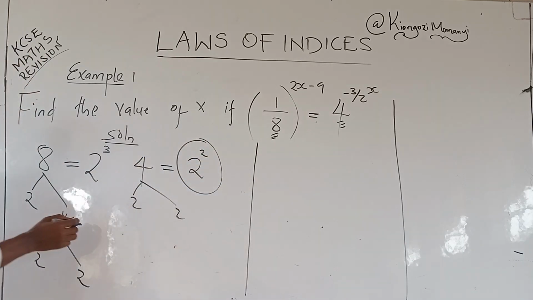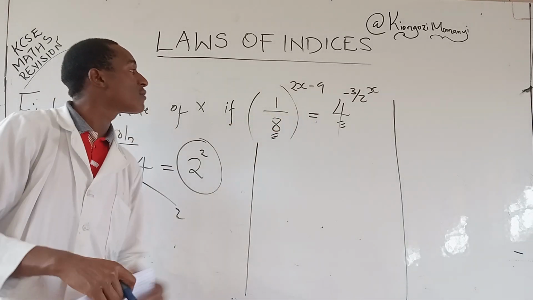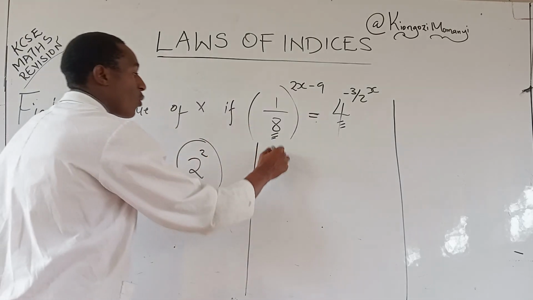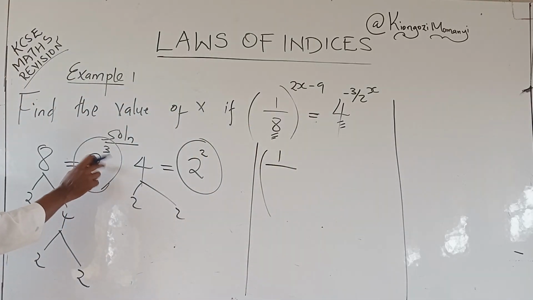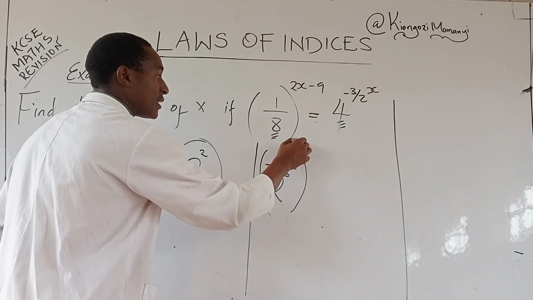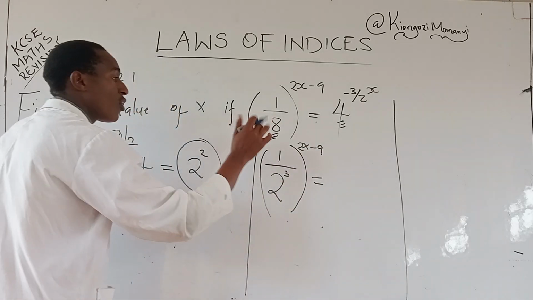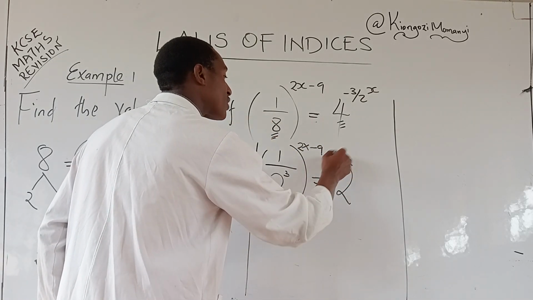These two are the most important factors we are going to substitute in these big values here. So we have 1 over the prime factors of 8, 2 power 3, close the brackets, 2x minus 9 is equal to 4, which is the same as 2 power 2.